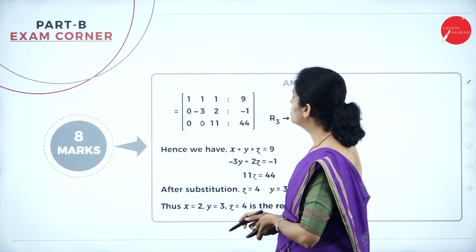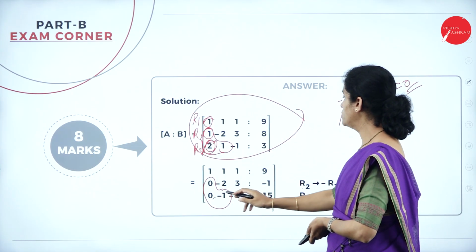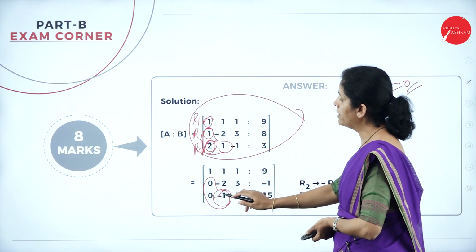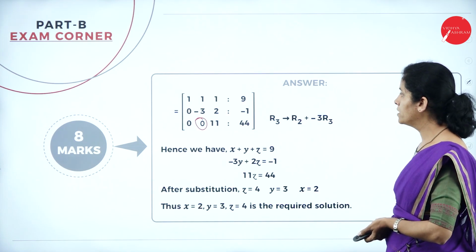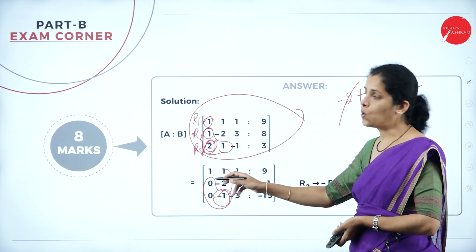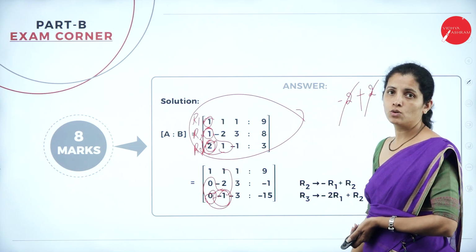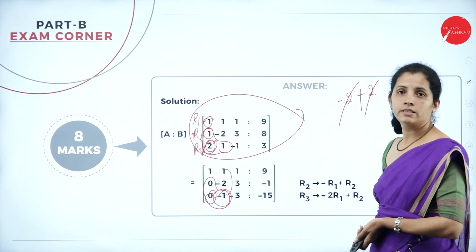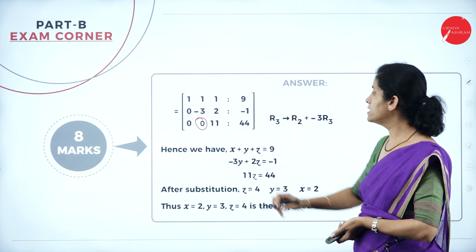If I want to make this element 0, see, when I subtract this 2, I am getting the answer 0. Okay, or even I can consider, see, if I consider row 1 and if I consider this one, this value may get changed. So what I'm going to do, I'm not going to consider the first row, I'm considering the second row. Okay, so in my second row, minus 3 is there.